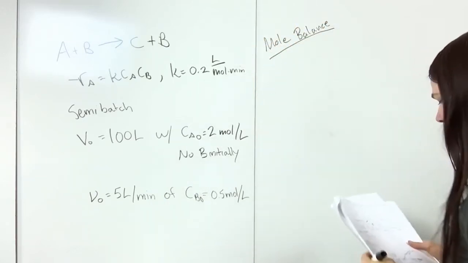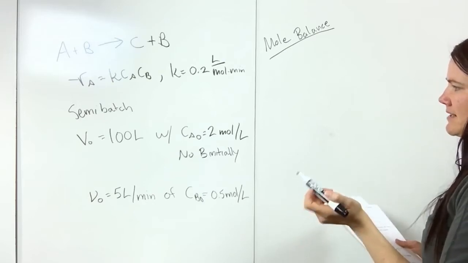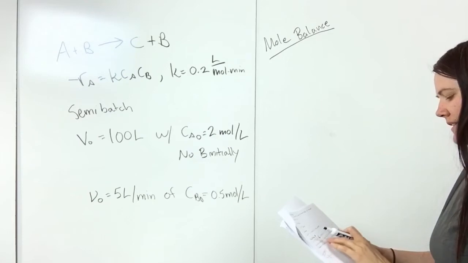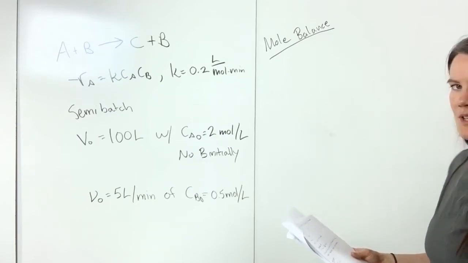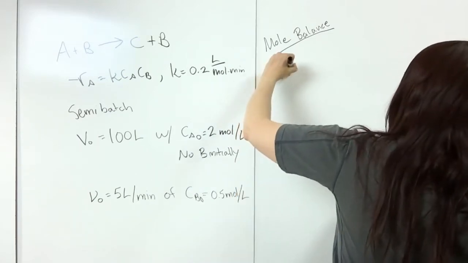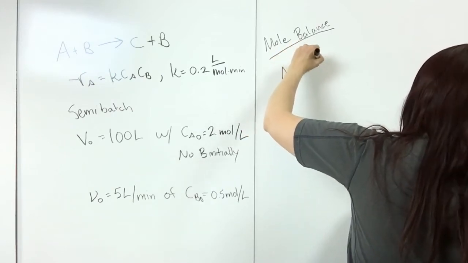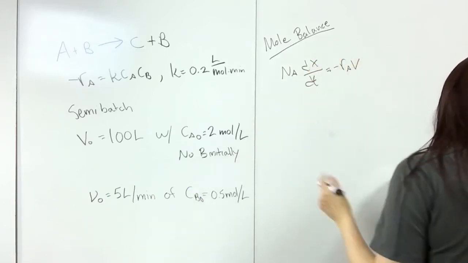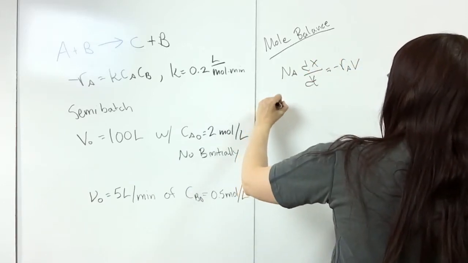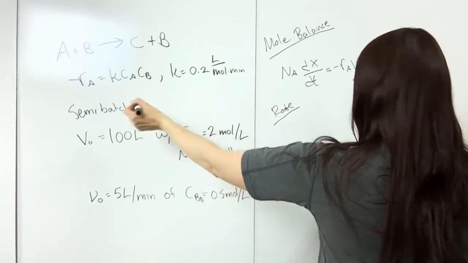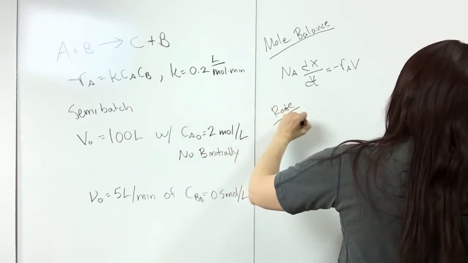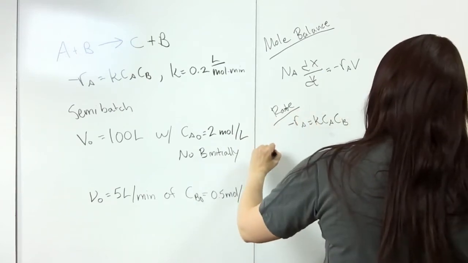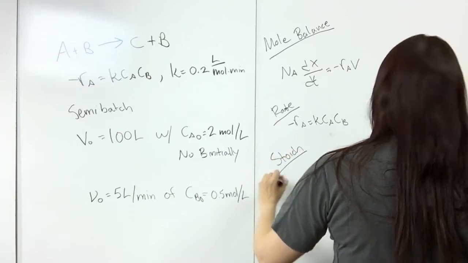And we want the mole balance for a batch reactor, and we want it to be in terms of conversion because it's asking to formulate the ODE that will solve for conversion as a function of time. So we know that that is NA0 dX/dt is equal to minus rA V. And then the rate was given, so minus rA is equal to k CA CB, and then the stoichiometry.